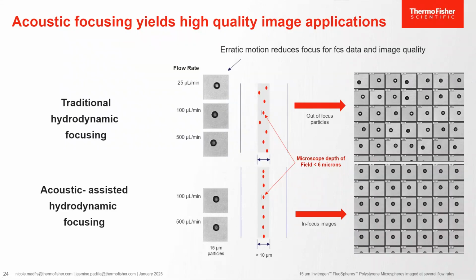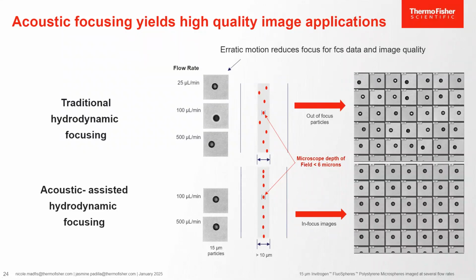This diagram shows a hydrodynamically focused flow that is more than 10 microns in diameter and less than 6 micron depth of field. So in this sense, it's very easy for events with hydrodynamic focusing alone to drift in and out of focus.